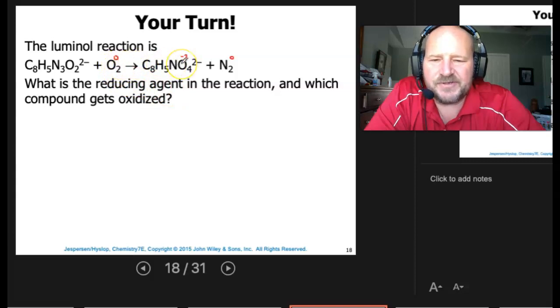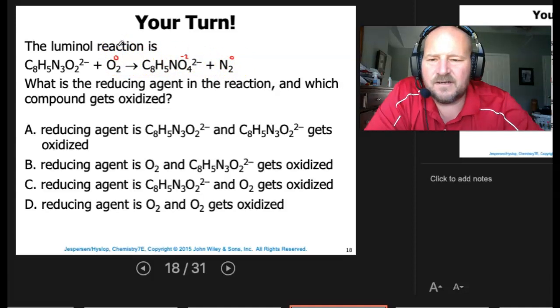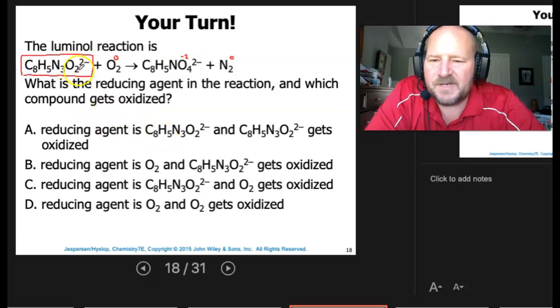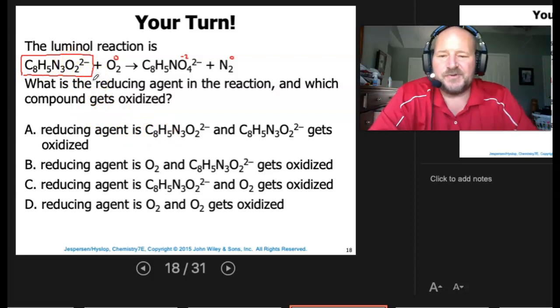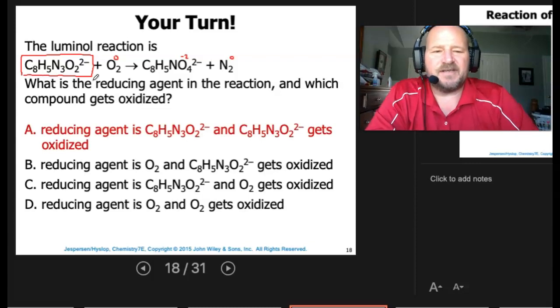Oxygen's going to get reduced, which means we know that the nitrogen then must be the one that's going to get oxidized. So that means if nitrogen's what has to get oxidized, and this is the source of nitrogen in the beginning, then we know that's got to be what's getting oxidized. And if that's what's oxidized, we know that's also the reducing agent. And so that's going to be A.